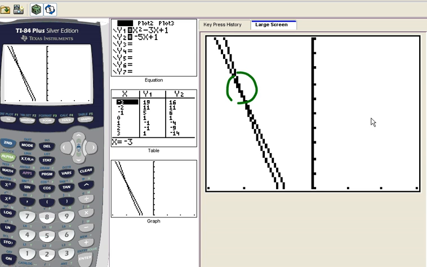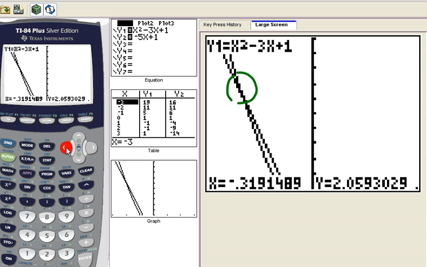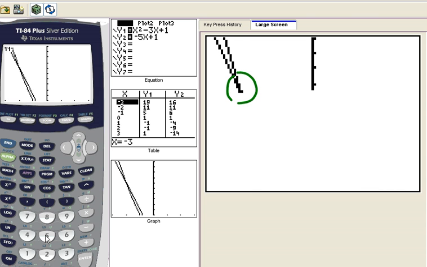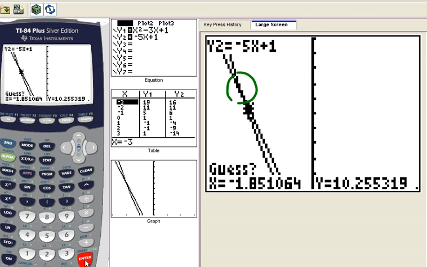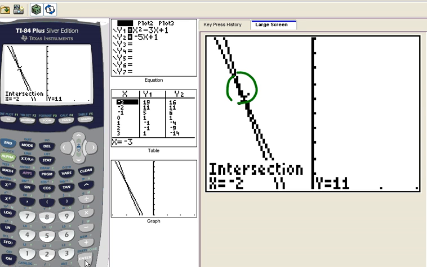And I'm going to trace that one. And then I'm going to use the intersect button to find where those intersect. And that's the point (-2, 11).